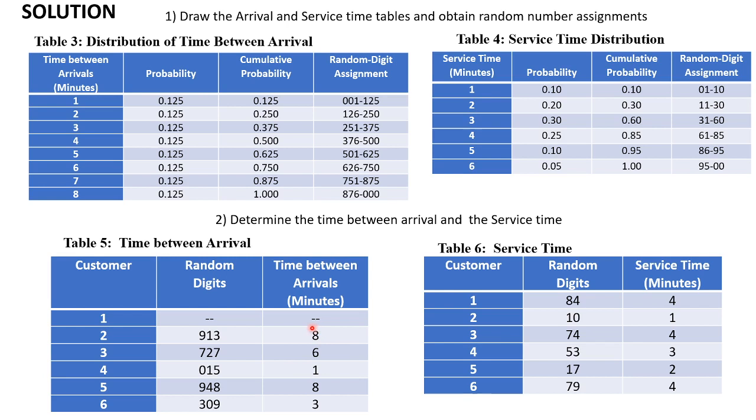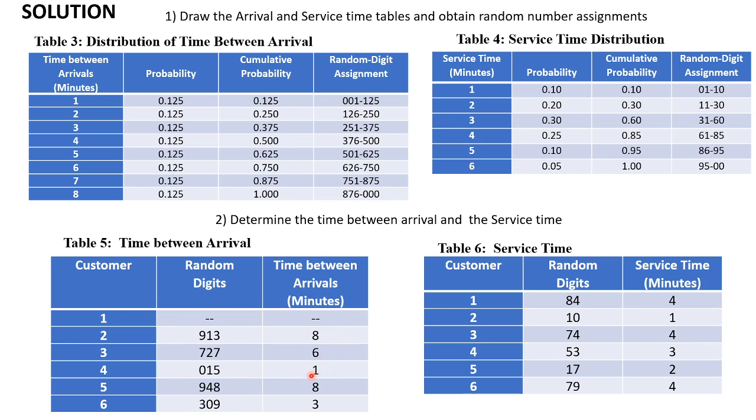First, customer 1 came in when there was no one in the system, and nobody had arrived before customer 1, so that is zero. There's nothing there. Customer 2 came in 8 minutes after customer 1 arrived. Customer 3 came in 6 minutes after customer 2 arrived.